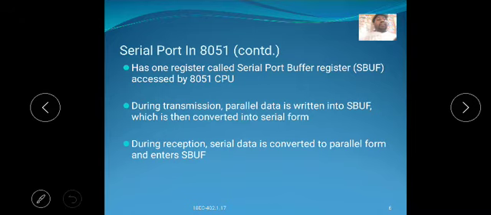During the reception, serial data is converted into parallel form and enters the serial port buffer register.